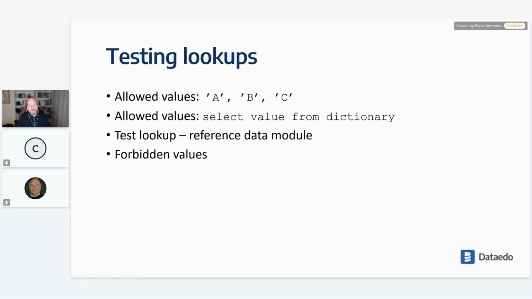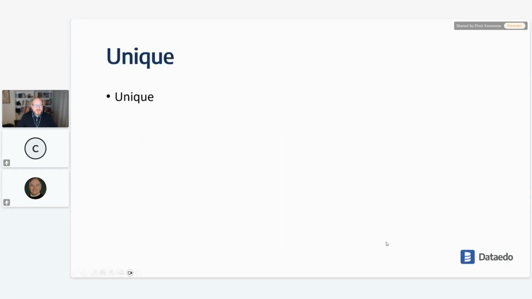The difference is that if you do it in the rule, you would have to repeat it every time, and if you define it in lookup, someone else can be responsible for that lookup, so it's much more advanced. And forbidden values is basically the opposite of allowed values. Unique tests if the column is unique simply, right? Like ID columns, for instance.